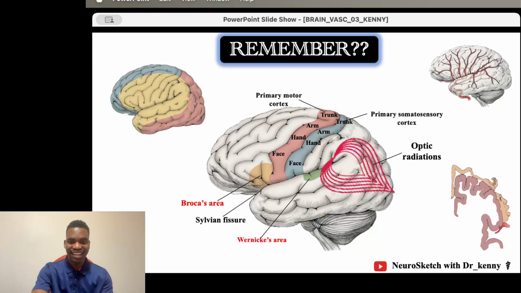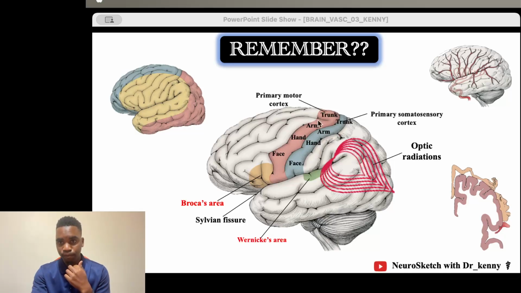Now I think we should relate the middle cerebral artery and these parts to the functional areas of the brain. Remember, we discussed these functional areas multiple times. We know that we have the sensory motor area here. This is the primary motor area, and this is the primary somatosensory area, and they run within the precentral gyrus and the postcentral gyrus.